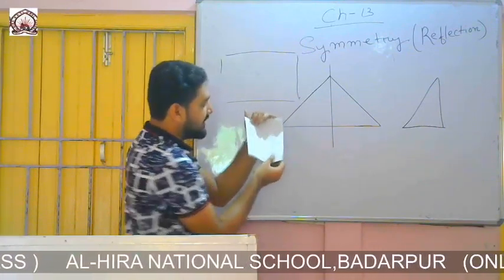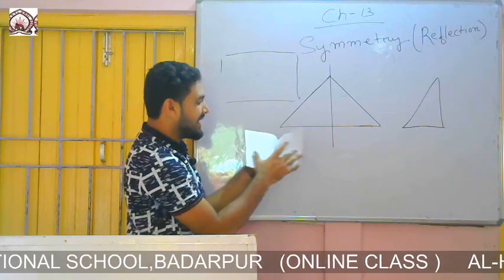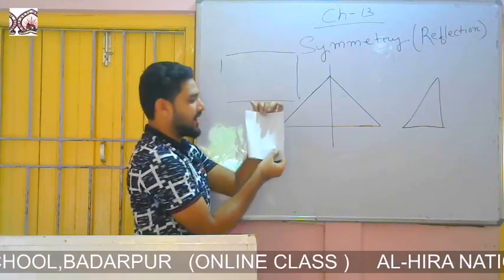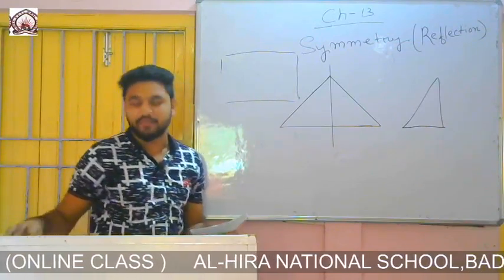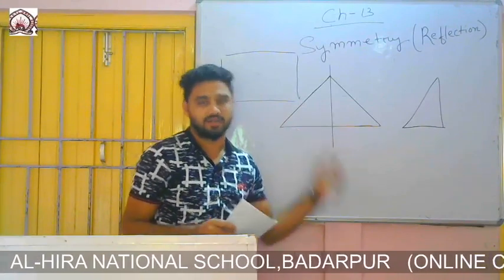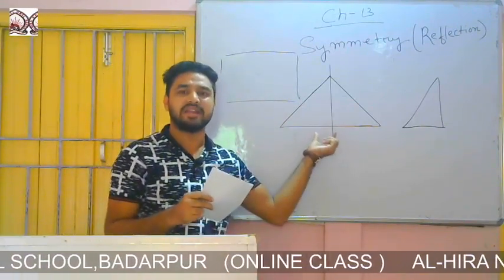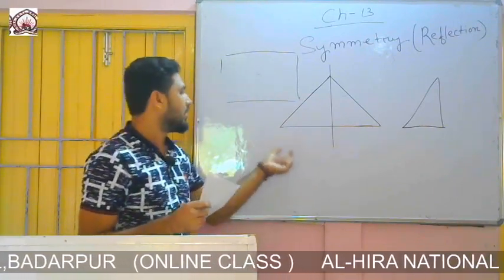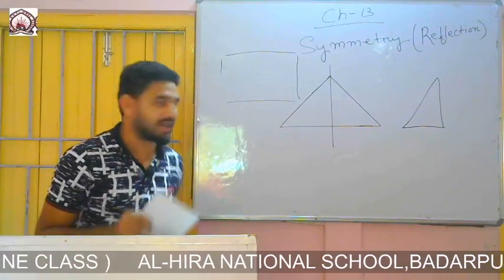These two parts become equal and coincide, so that is called symmetry. That means if we divide a shape into two parts and the two parts coincide, then we can say these two parts are symmetrical.